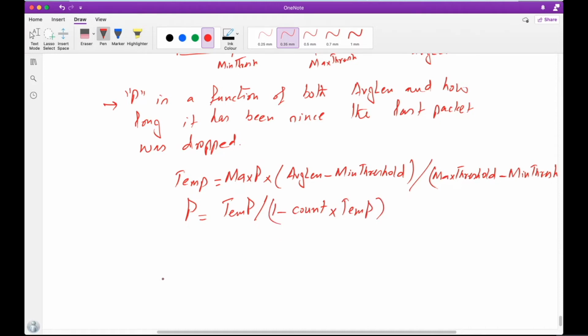Right, so here this TempP is the variable that is plotted on the y-axis in our diagram.